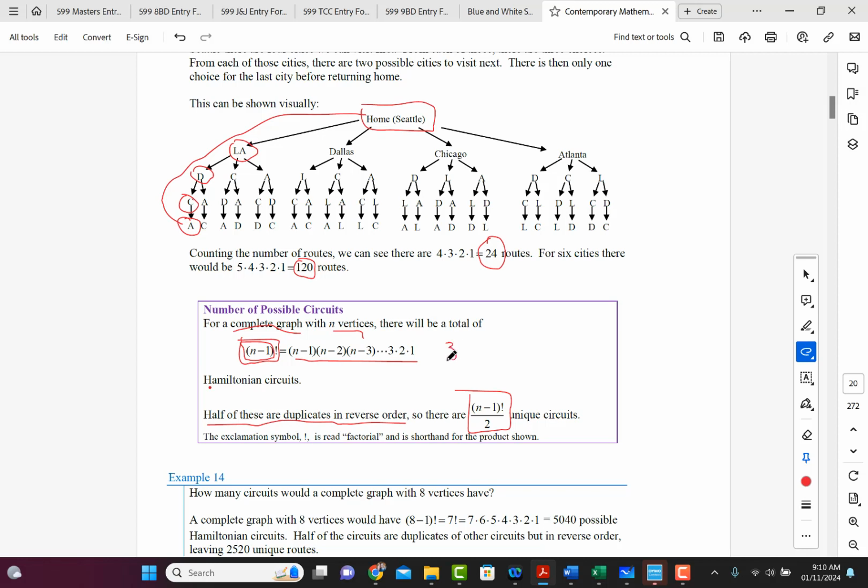So if we have 3 factorial, 3 factorial is equal to 3 times 2 times 1, which equals 6. So the number of unique circuits is going to be n minus 1 factorial divided by 2.